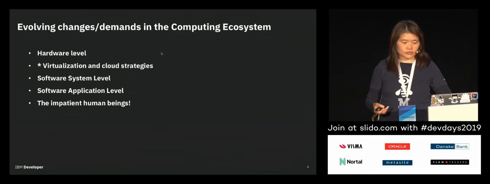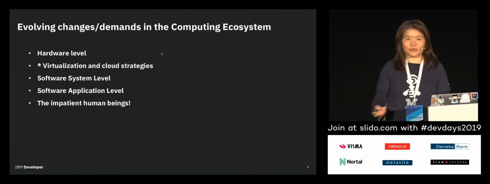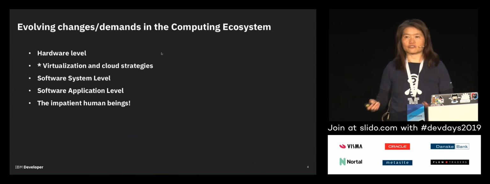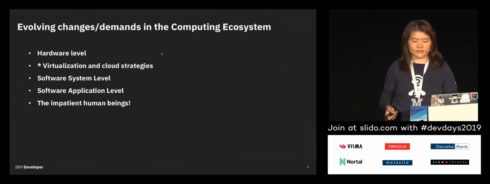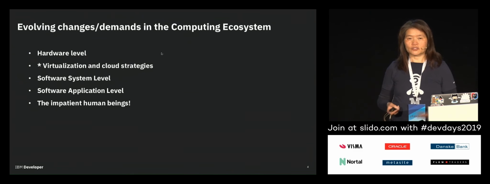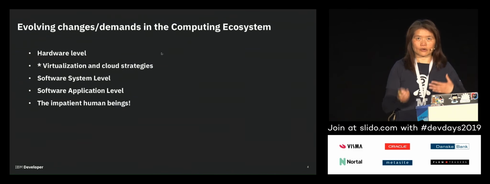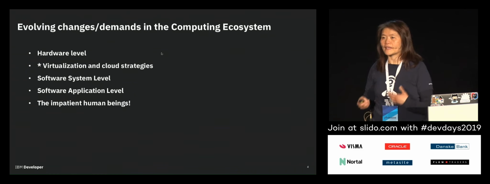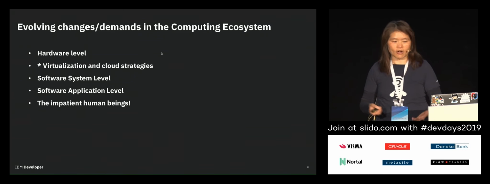Not to mention virtualized computing infrastructures, like multi-cloud strategies, all the cloud and containers that came out. That leads to the need for software to catch up, so it can take full advantage of what the hardware can offer.